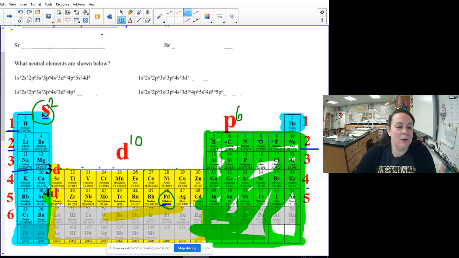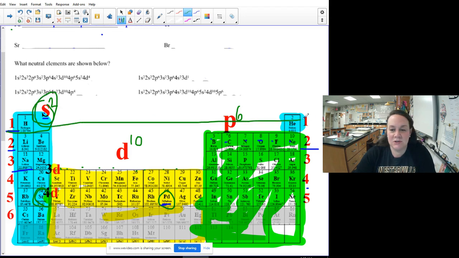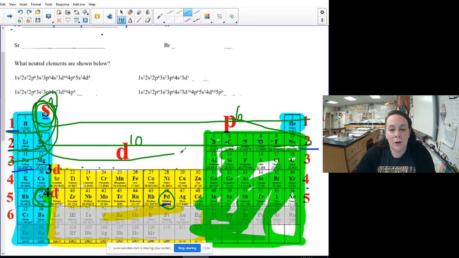Let's do strontium. Let's just talk it through. Okay. We would read 1s2, which gives us the first energy level, 2s2, 2p6, 3s2, 3p6, 4s2, 3d10, 4p6, and then 5s2.